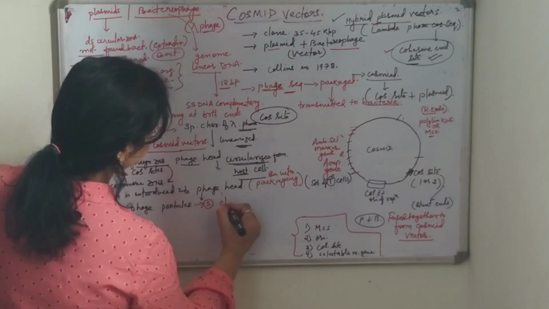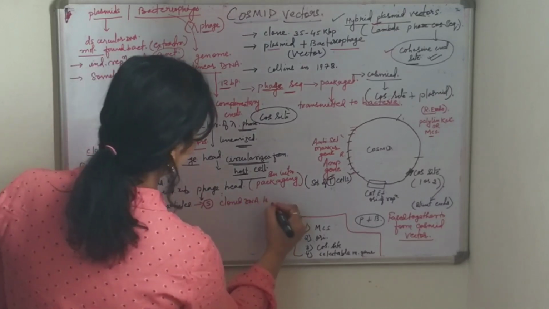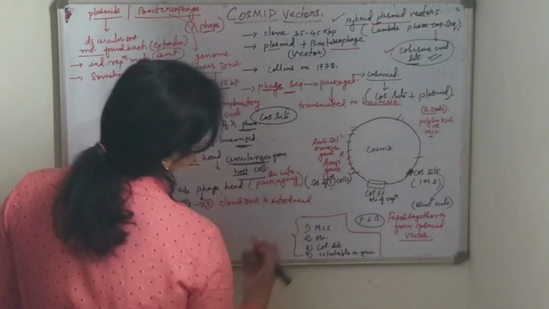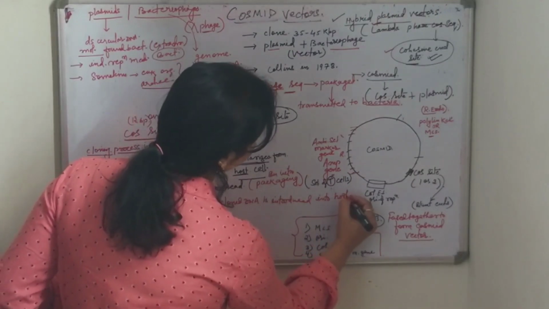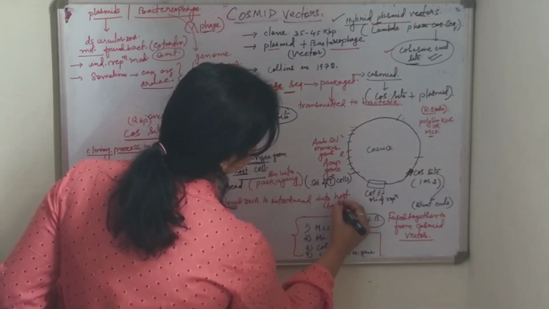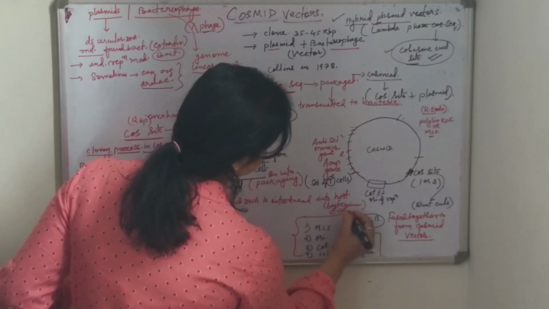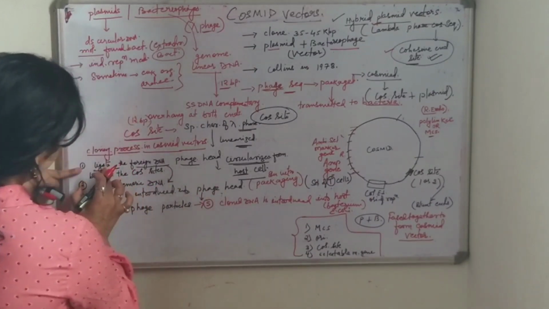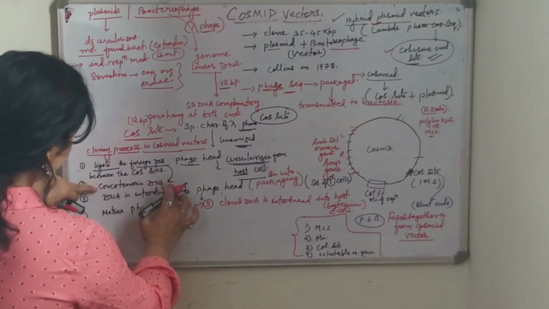We will introduce the cloned DNA into the host cell, means bacterium, E. coli. Okay. So here, what are the steps? We will ligate the foreign DNA between the cos sites, then concatemeric DNA is formed.